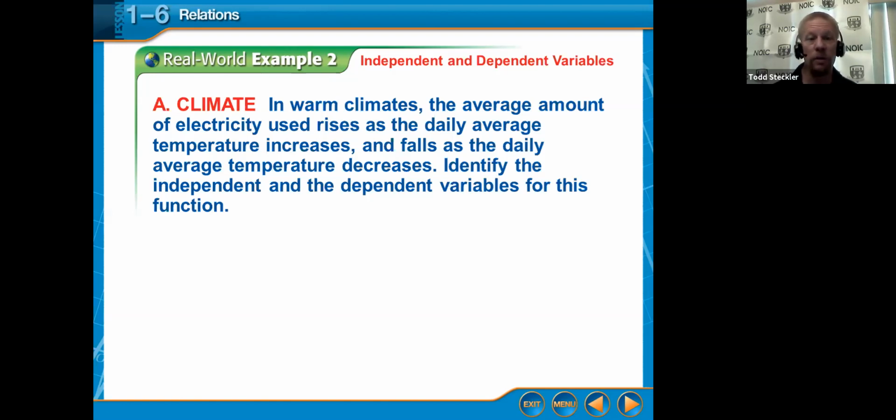So that's going to be our independent variable, the daily average temperature. And then the dependent variable means which variable depends on the independent variable. Since the average temperature was the independent variable, the dependent variable has to be the average amount of electricity used.